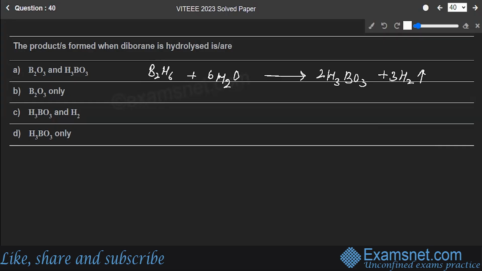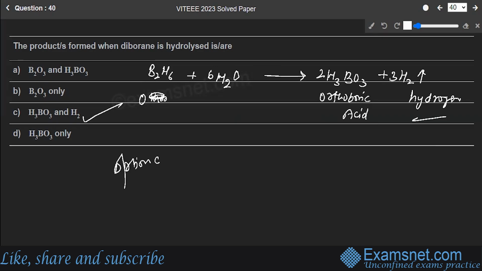So these are the two products, hydrogen and orthoboric acid. So C option is the right answer.